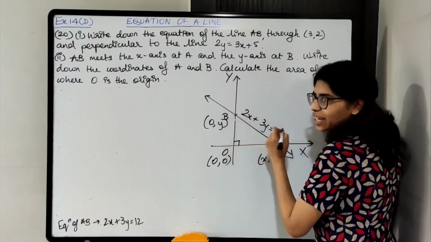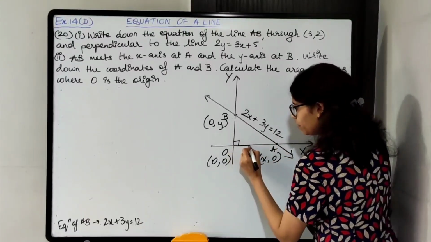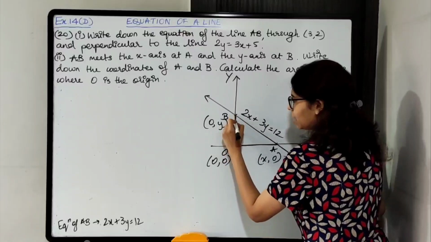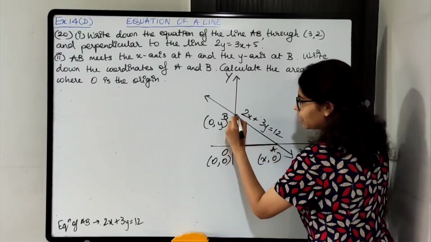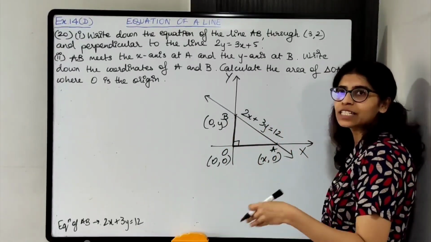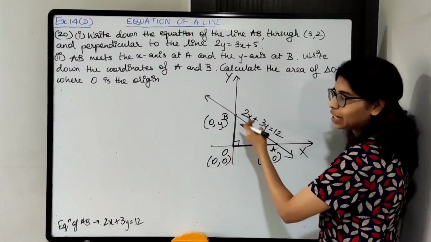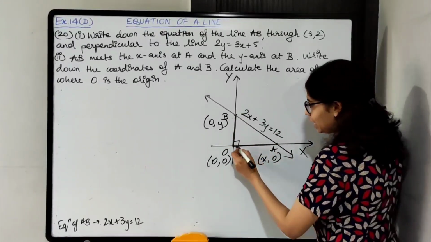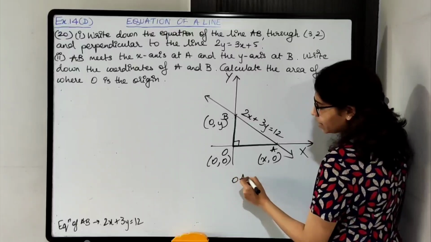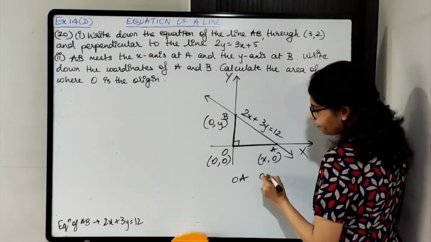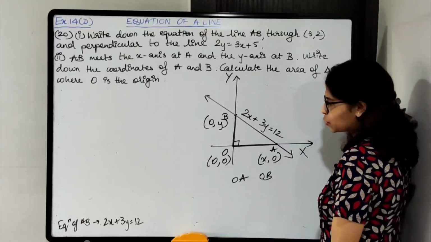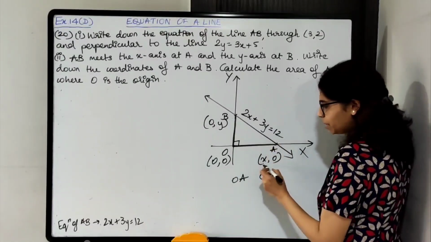So right angle triangle के लिए if I know the base and the height, I can easily find out the area. Half into base into height will give me the area of triangle. Okay, so I need base, that is OA and OB. So OA distance will be nothing but this.